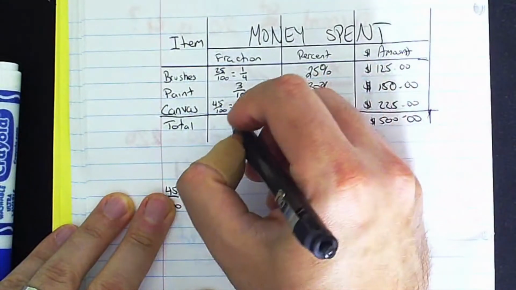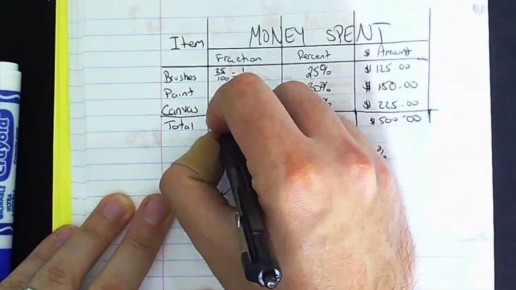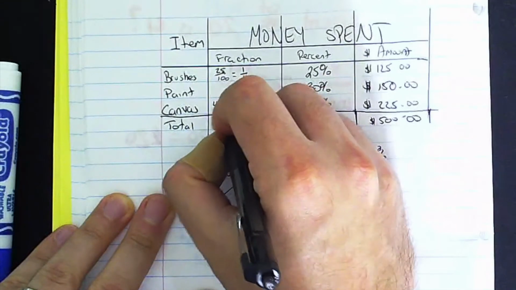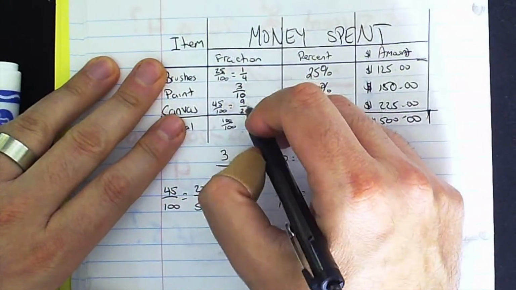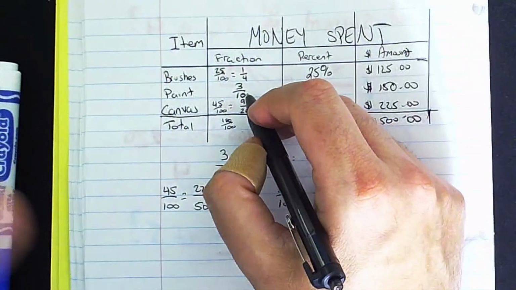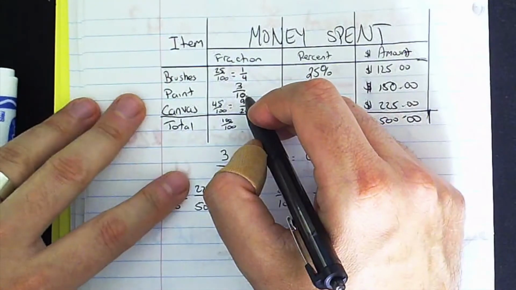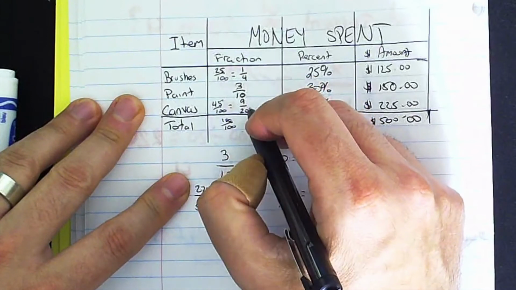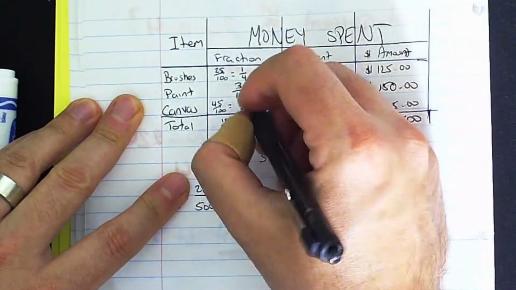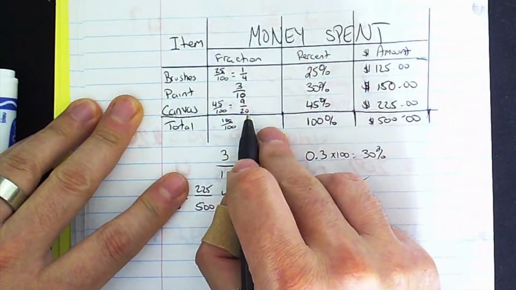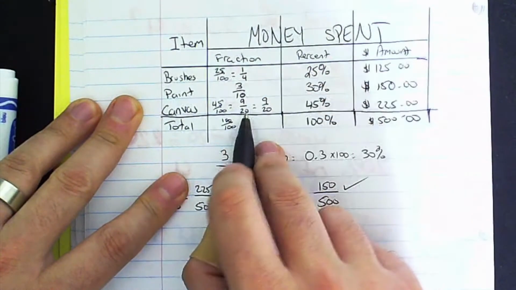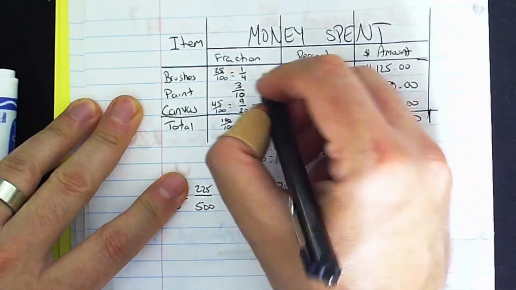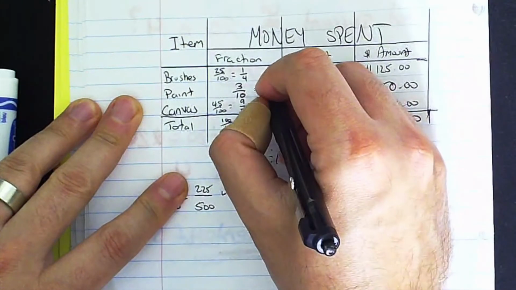Now, we know this is out of 100. Okay, so it's obviously has to be 100 out of 100. But if I wanted to have these as a common denominator, which I'm not looking for, by the way, but if you wanted to do a common denominator with these three values, your common denominator would be 20 in this situation. So I'm going to keep that as equals 9 over 20. 3 over 10, we have to multiply it by 2.